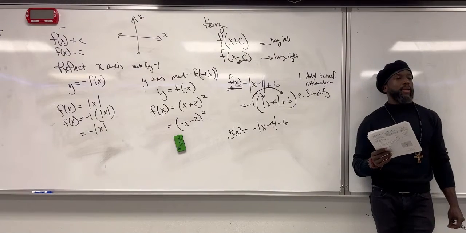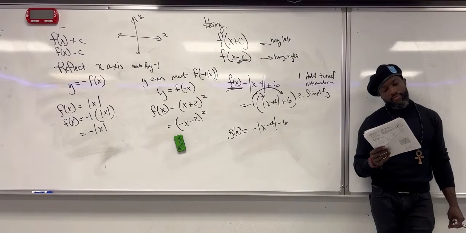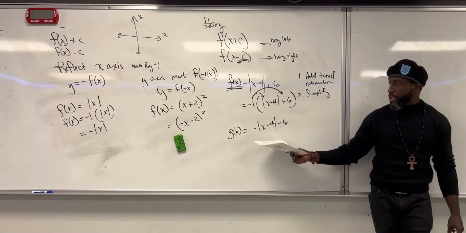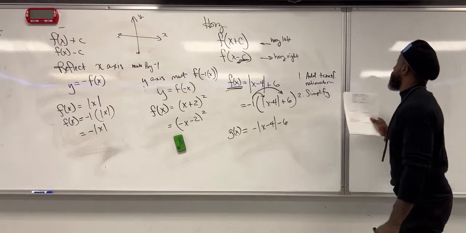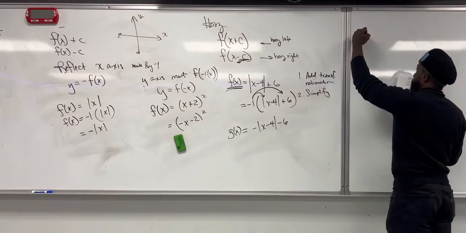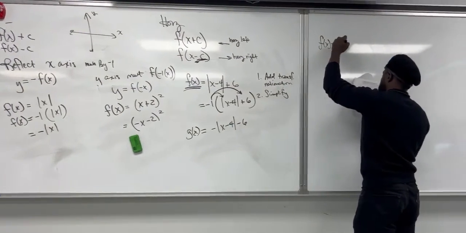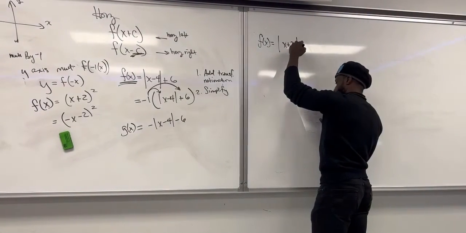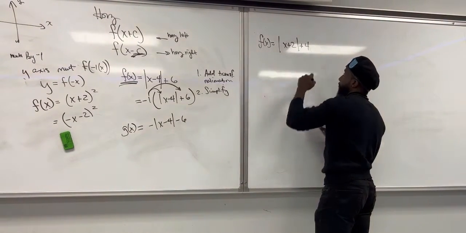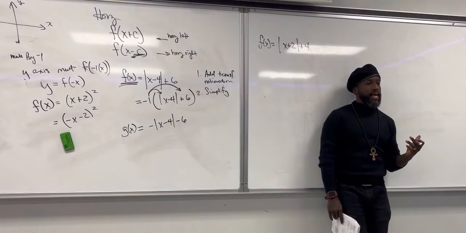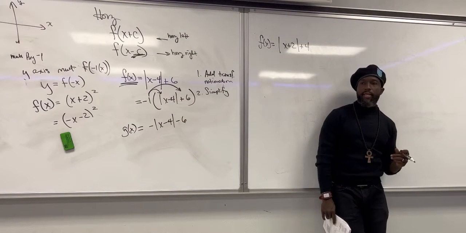All right, let's do the same thing for number 4a. We'll skip the B's here. Number 4a, you got f of x equals the absolute value of x plus 2 plus 4, right? Reflecting about the x-axis again.